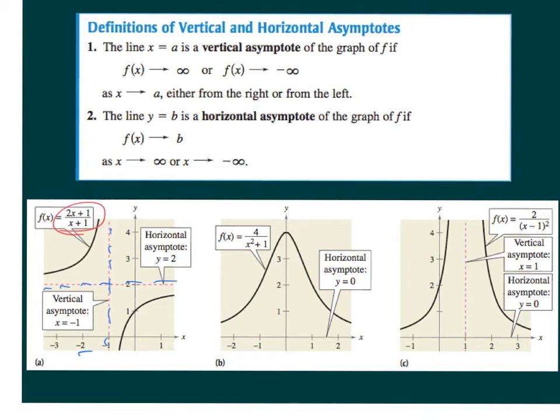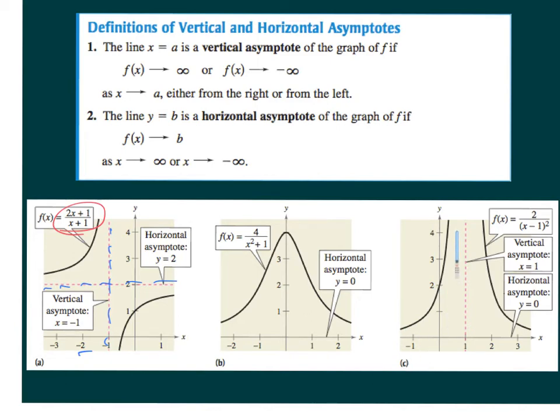Now, I got to figure out which way it's going. If it's kind of bending this way or bending down, I got to figure out which way it's going. So pick something left of my vertical asymptote. Like 0. If I substitute in 0 here, what do I get? 2 over 1, which is 2. Is 2 above or below y equals 0?